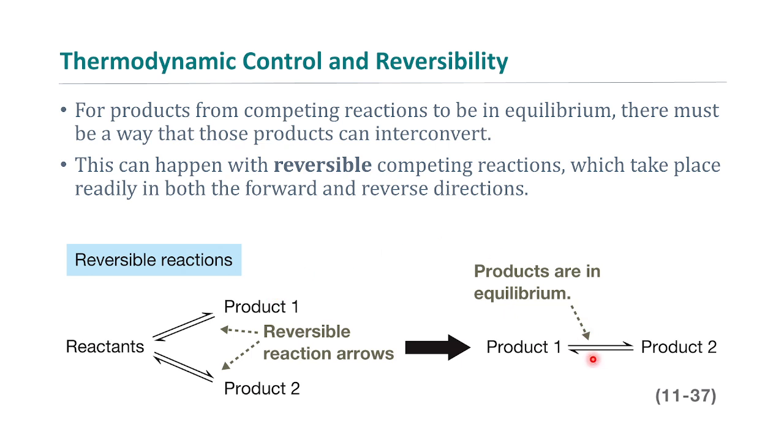And so we can go ahead and write these as a direct equilibrium, because this middle step doesn't really matter to us much. We don't really care if we end up with the reactants sitting there. And so our products end up in equilibrium. And then because they're at equilibrium, we're going to end up with the products of greatest abundance present.